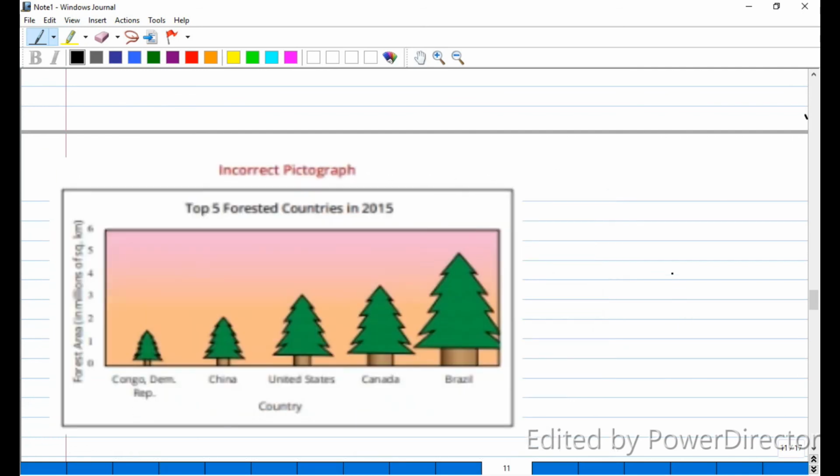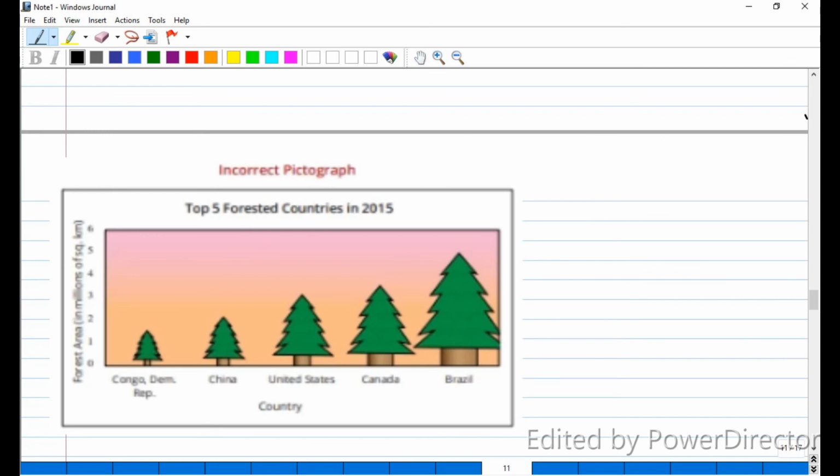Top 5 forested countries in 2015. This says forest area in millions of square kilometers, and here's the country. This graph shows a potentially misleading pictograph of the top 5 countries ranked in order by the amount of forest area they contain. The bars in this bar chart are represented by trees.